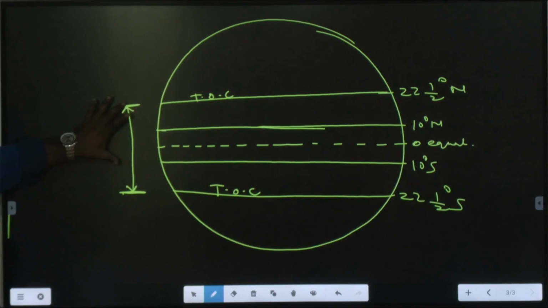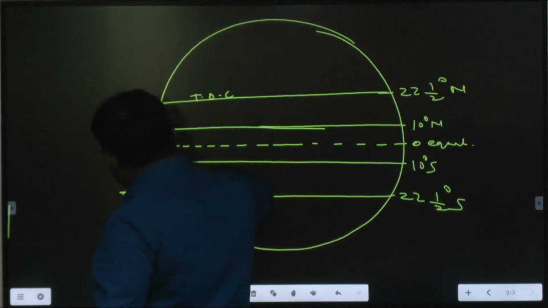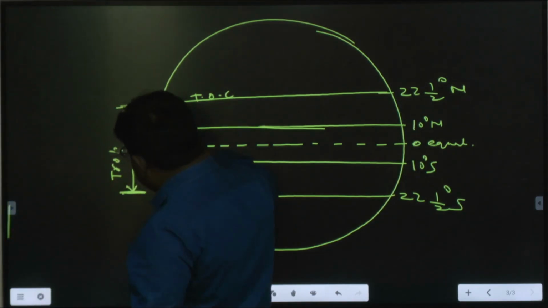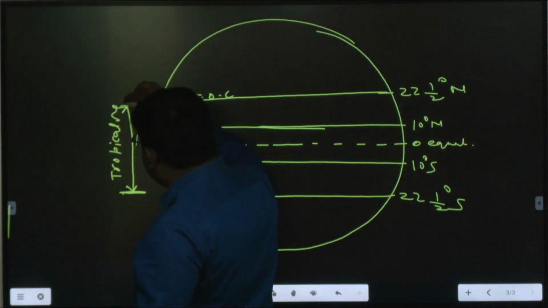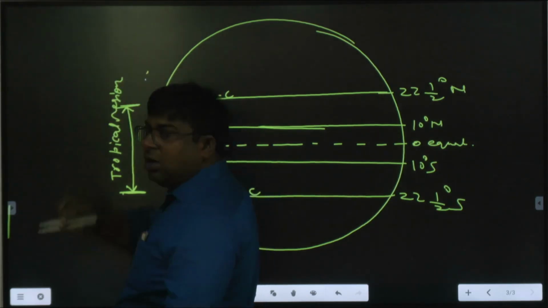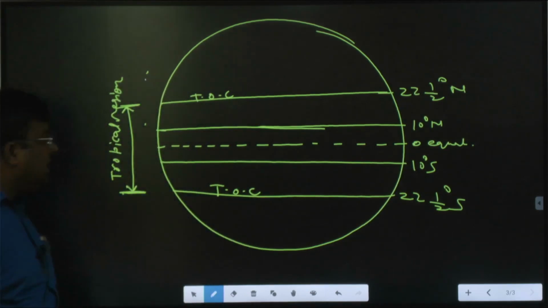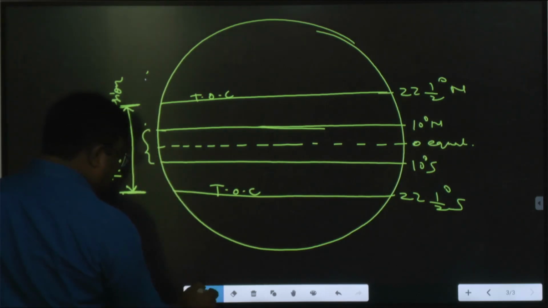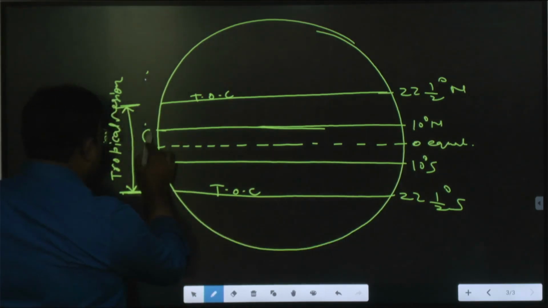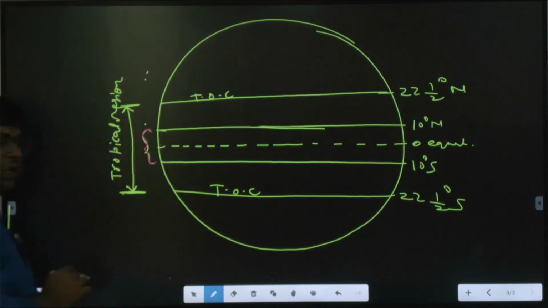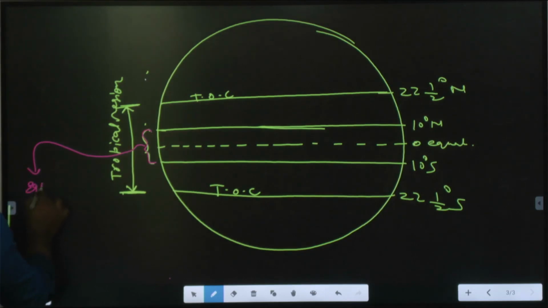So this entire region between the Tropic of Cancer and the Tropic of Capricorn is known as the tropical region. And 10 degrees north to 10 degrees south is known as the equatorial region.